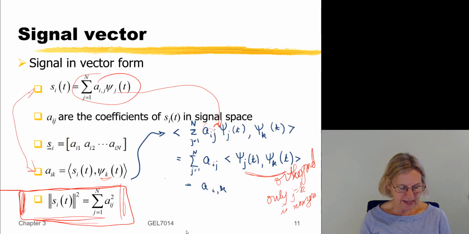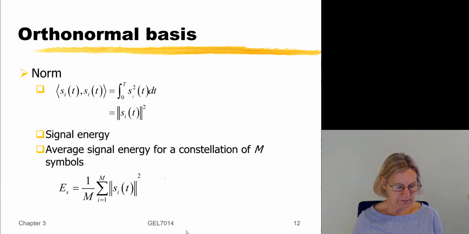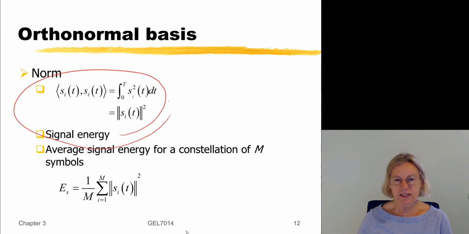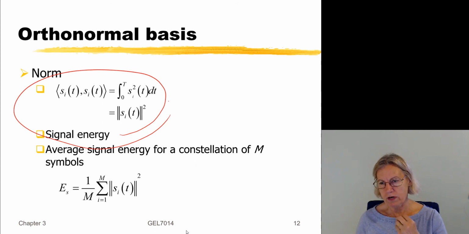So I take this 2 norm, which is by definition the inner product of the vector with itself. And I go back to the definition of the inner product, and then what that means is I'm integrating the signal squared over the time of one symbol. And so essentially what I'm calculating is the signal energy. So in this vector space, it's really an important concept.